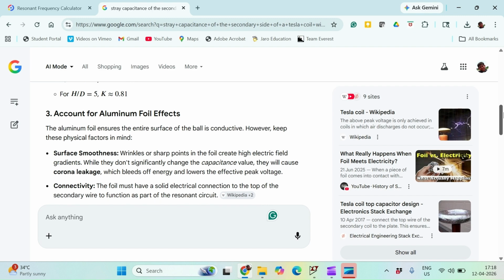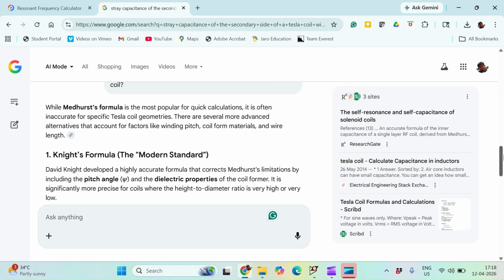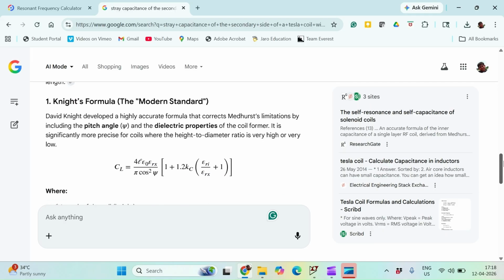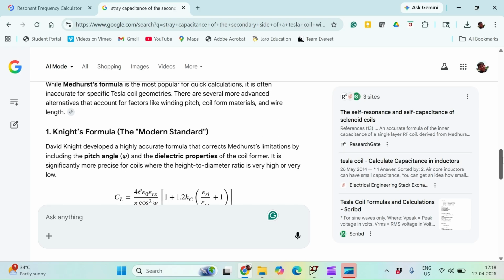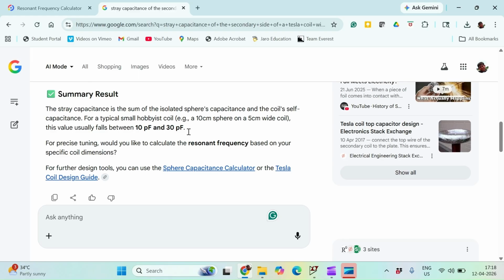There is another formula to do this, and that formula is called the Knight's formula. This is a better formula for calculating the capacitance of the Tesla coil. Typically, the value comes to around 10 picofarad to 30 picofarad.